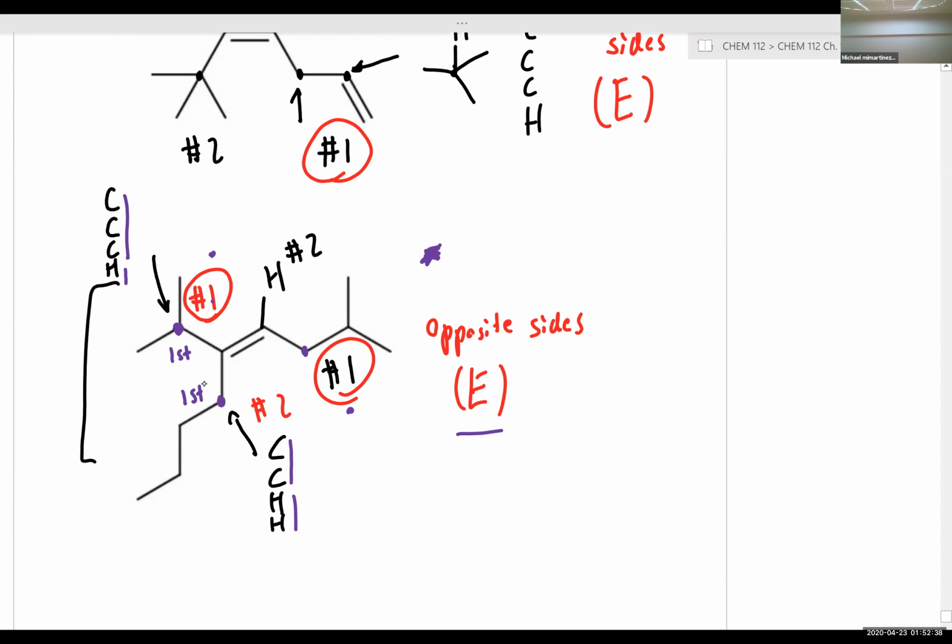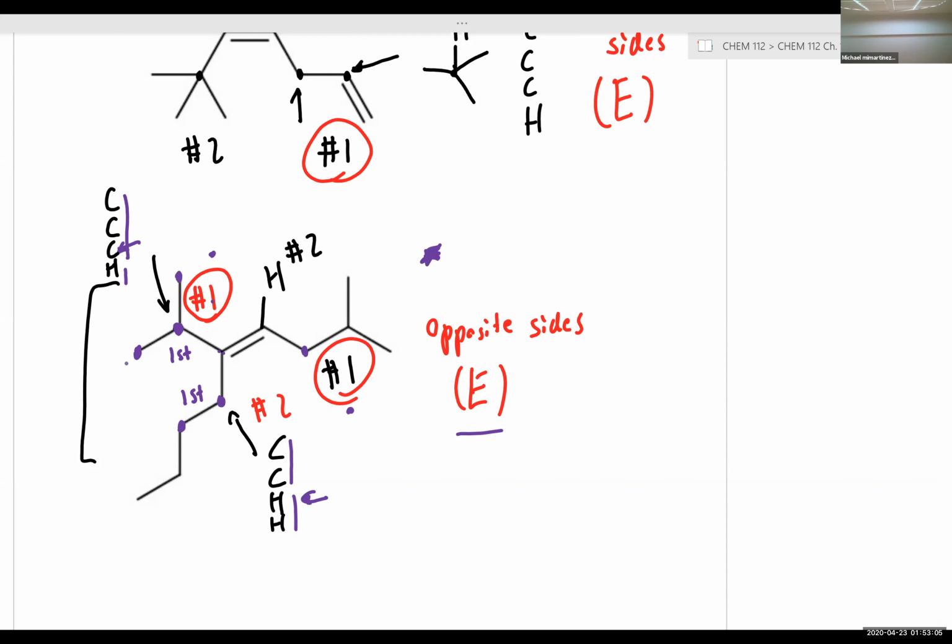If we're thinking about priority, we look at all the carbons and groups attached to that first carbon, and we make a list. In this case, we have 1, 2, 3 carbons attached. In the bottom case, we have 1, 2 carbons attached. And since carbon outranks hydrogen, this top group gets priority 1. Oh, perfect.